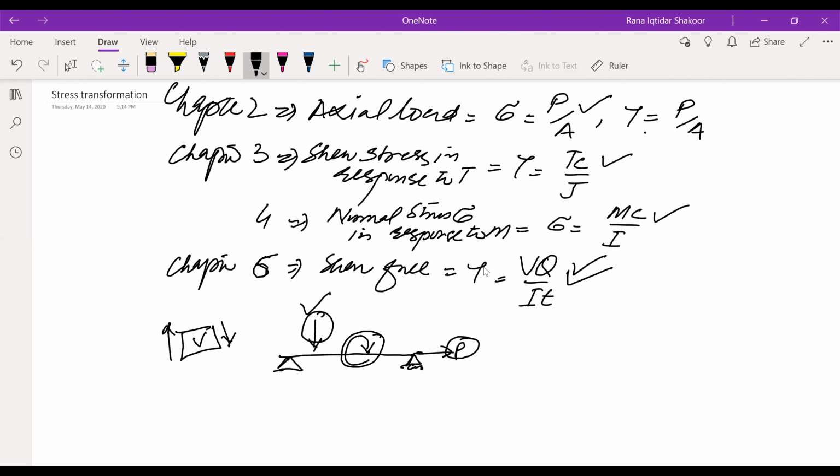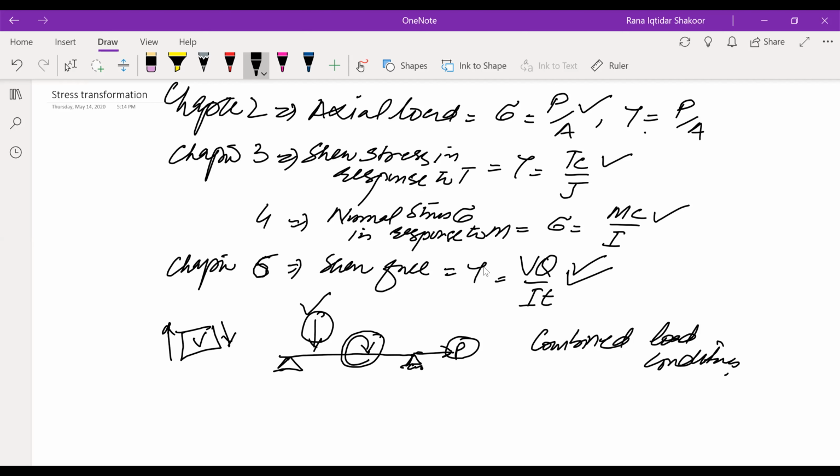These are called combined load conditions, right? And these combined load conditions may generate some normal stresses as well as some shear stresses.